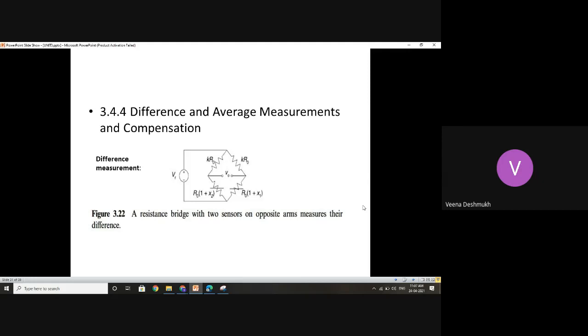Even you can have temperature compensation networks or the creation of temperature insensitive ambience.